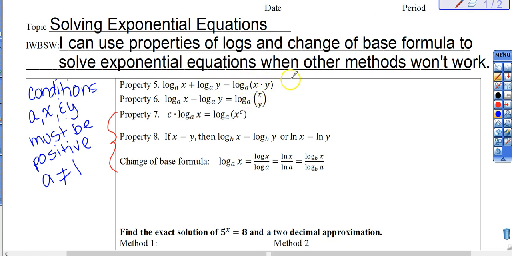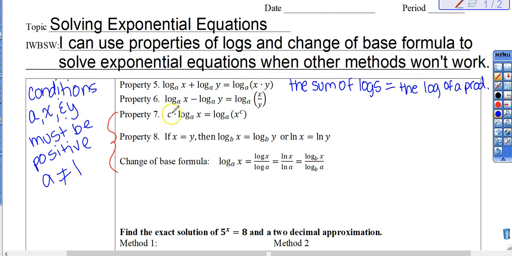I'm going to say the sum of logs is equal to the log of a product.